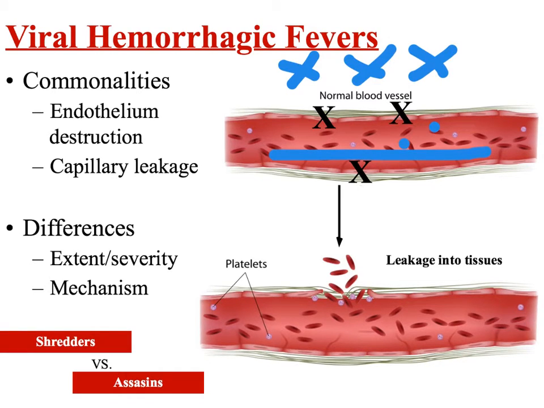In one of two ways, this capillary leakage can actually start happening. The first way is that you just simply have a destruction of the endothelium. So these cells get cracked open somehow and broken open. And then you have a rupture in the vasculature, and then these cells are free to leak out into the tissue. For some hemorrhagic fevers, it's a lot more elegant than this.